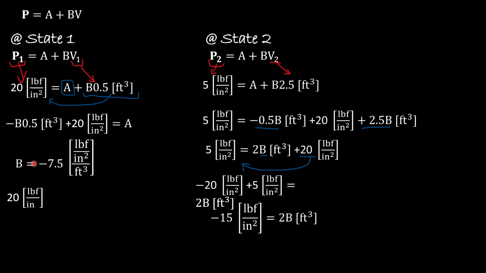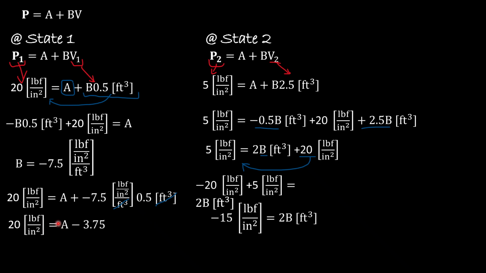Now what we will do is plug B into one of these two state equations. Let's plug it into state 1 in here. So this feet cubed will cancel with this feet cubed. And we can write this, so that will be A plus minus 7.5 times 0.5, which is minus 3.75.